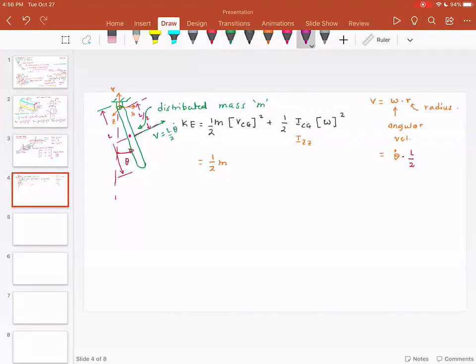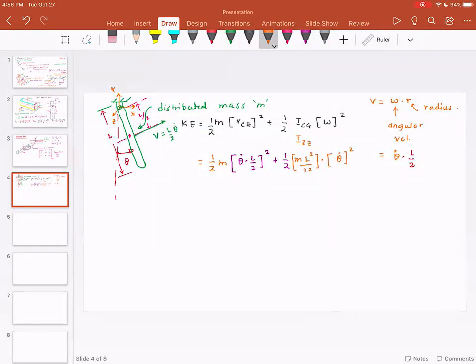Now the kinetic energy is going to be 1 half m times theta dot times L by 2 squared plus 1 half I omega squared. For the slender rod, the mass moment of inertia about ZZ is m L square by 12. So m L square by 12, and omega is theta dot.